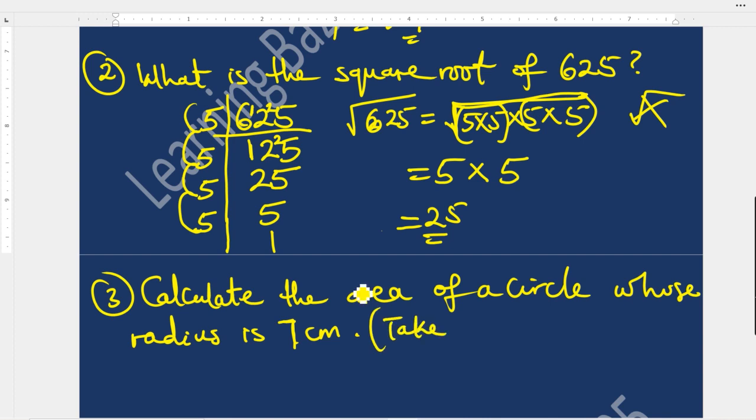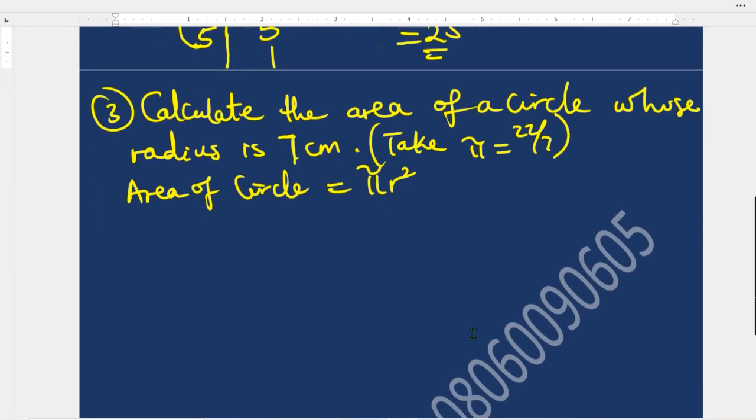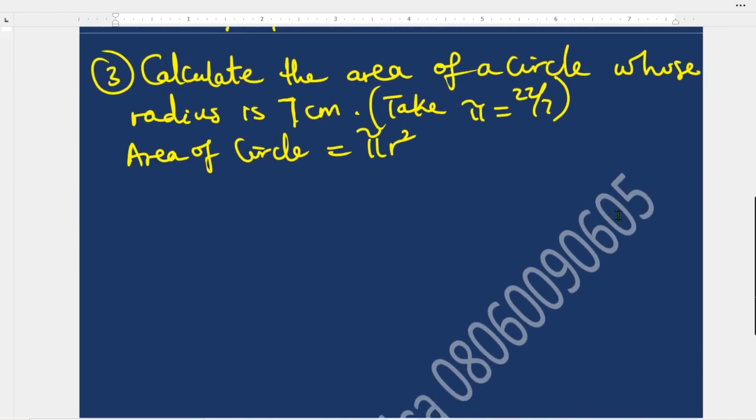Take pi equals 22 over 7, okay? So now, the formula for finding the area of a circle. Formula for calculating area of a circle is equal to pi r squared. We have done that in the class.